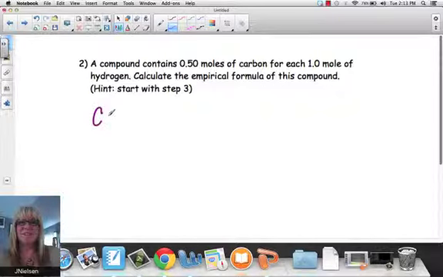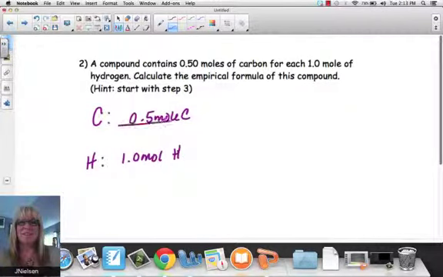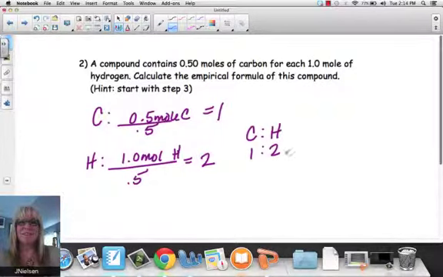So I have carbon, 0.5 moles of carbon, and I have hydrogen, 1.0 moles of hydrogen. So 0.5 is smaller. That's going to give me 1. And if I divide 1 by 0.5, I get 2. So C to H is a 1 to 2 ratio. Therefore, my formula is CH2.